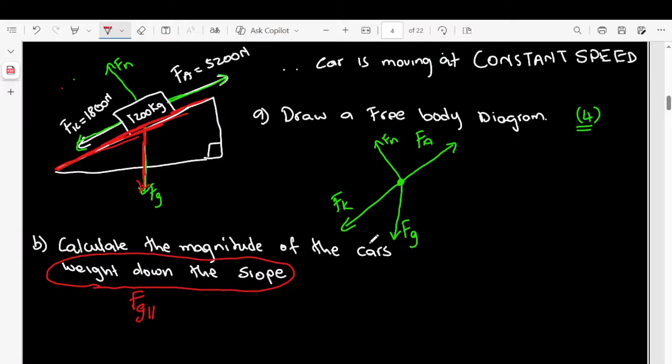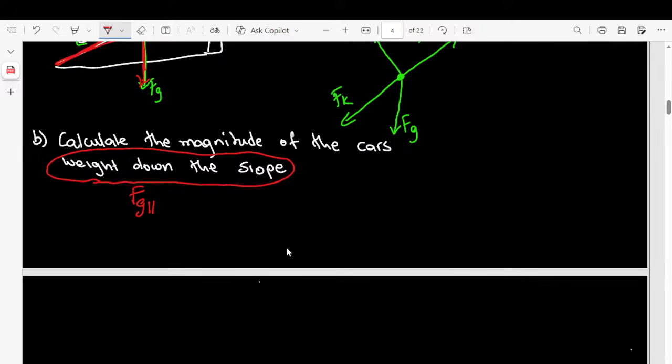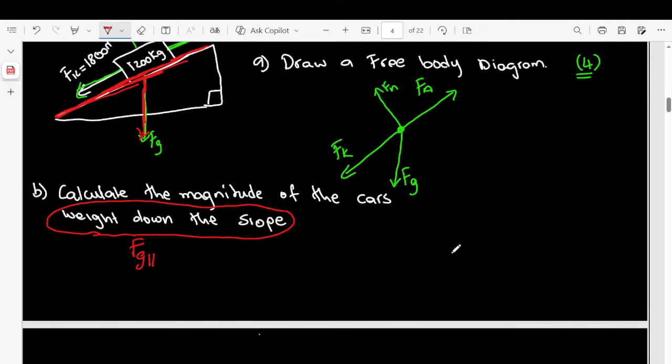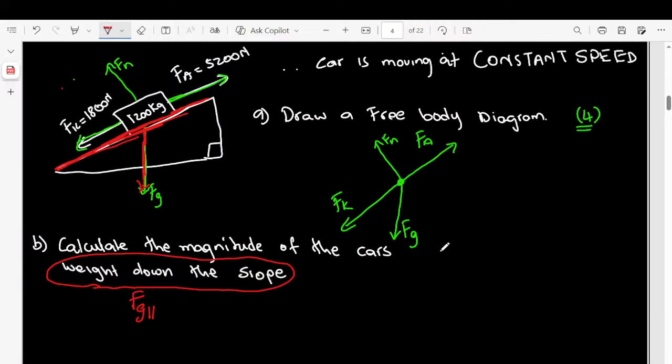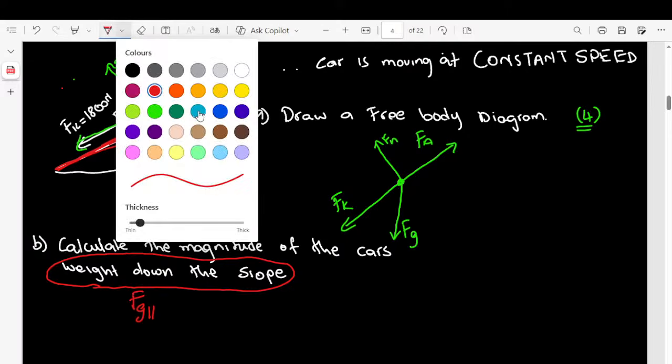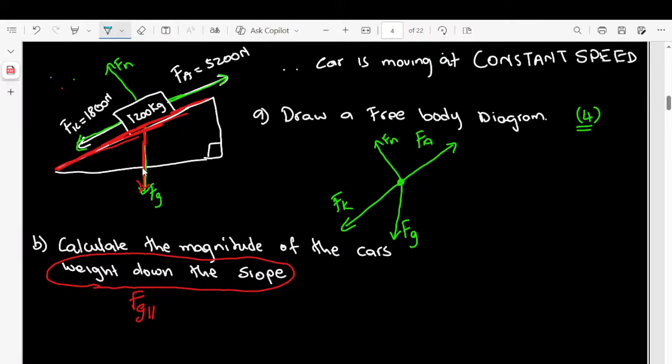Look at FG parallel. I'm going to draw my free body diagram for all the forces that are parallel to the plane. Here we're going to have another force going down, which is my FG parallel.